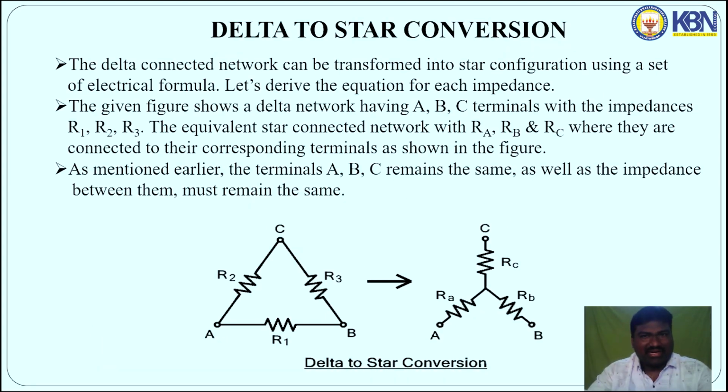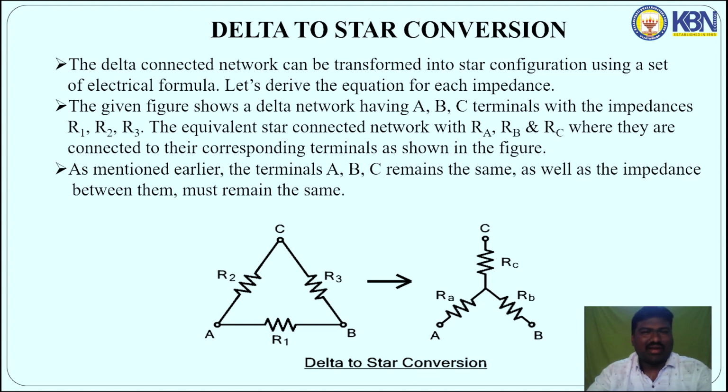Last one, delta to star conversion. The delta connected network can be transformed into a star configuration using a set of electrical formulas. Let's derive the equation for each impedance. The given figure shows a delta network having the terminals A, B, C with the impedances R1, R2, R3 respectively.